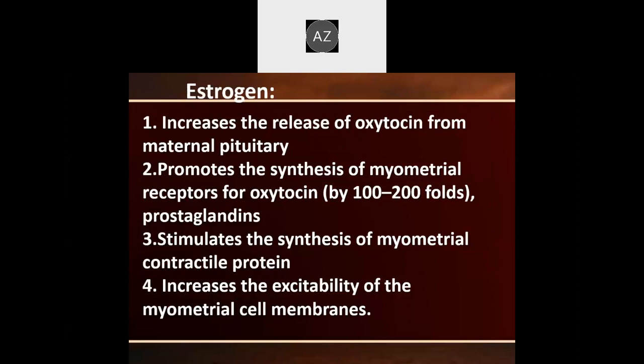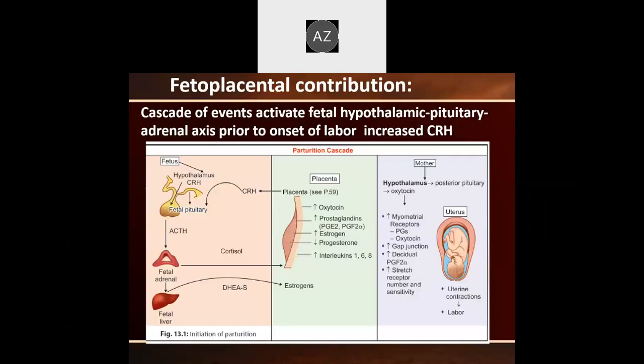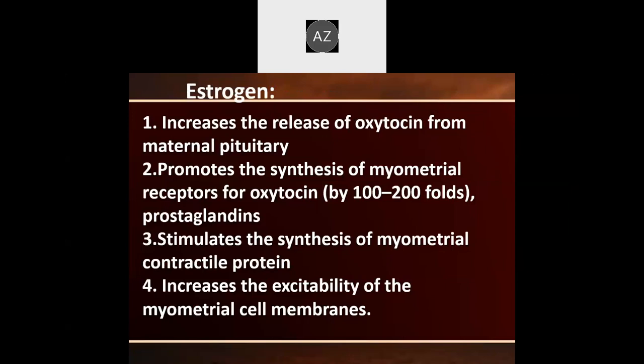Now on estrogen, we've said it. As cortisol increases, all these prostaglandin, oxytocin, interleukins, also estrogen has similar effects. It increases the release of oxytocin from maternal pituitary, promotes the synthesis of myometrial receptors for oxytocin, stimulates the synthesis of myometrial contractile proteins. This one should not be forgotten.